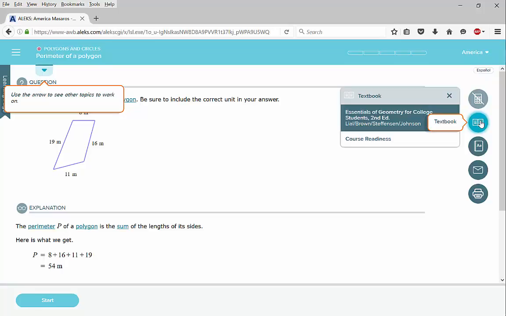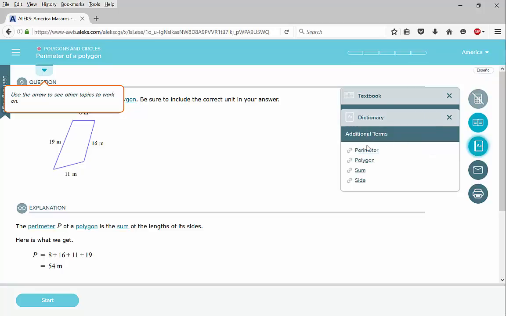Textbook. Oh. This references Essentials of Geometry for College Students, 2nd edition. If you want to refer to that textbook, you can stop by the Developmental Math Center. They have copies of it. Dictionary. This shows me all the terms that are used on this page.